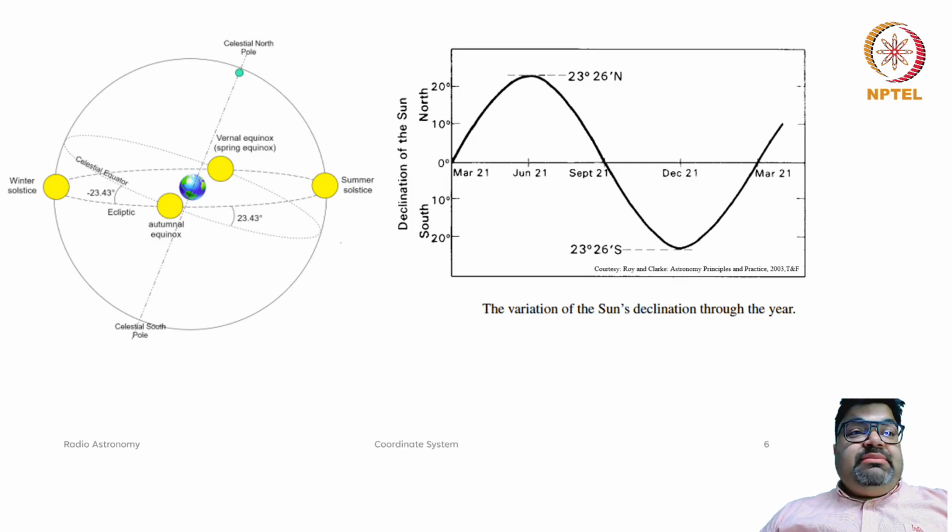So continuing on the same line, from the perspective of the Earth, if the observer is on the Earth, you can see this solar declination changing across the entire year.